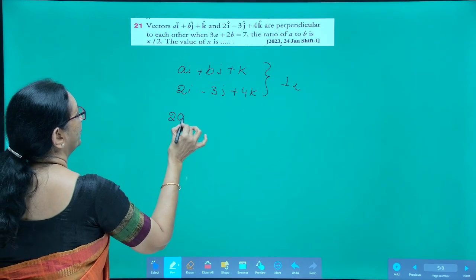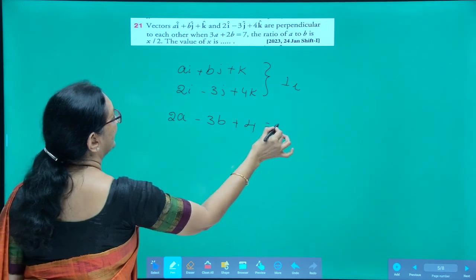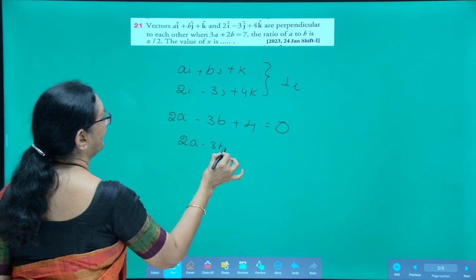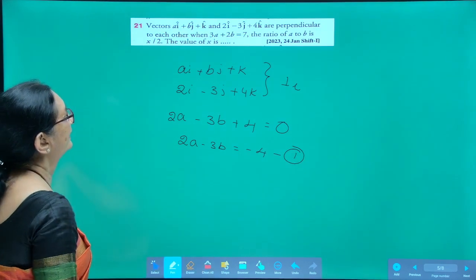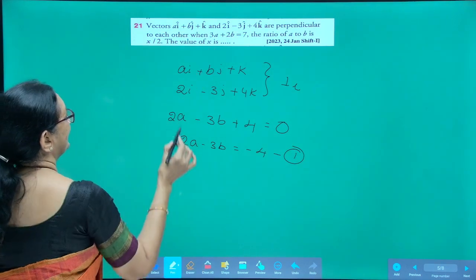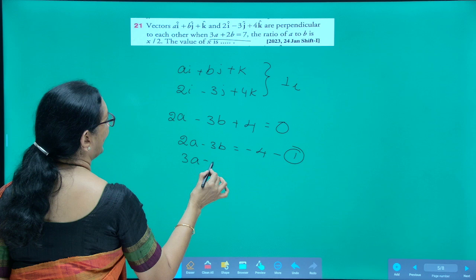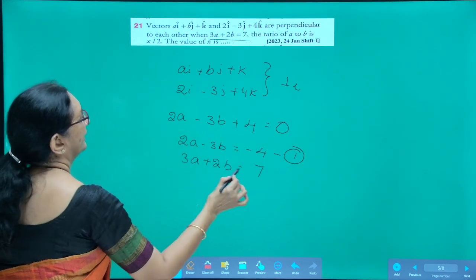That is 2a minus 3b plus 4 is equal to 0, or 2a minus 3b is equal to minus 4. That is the first equation. Next, 3a plus 2b is given as 7.